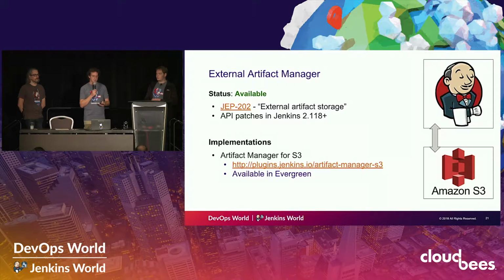So we've released a particular implementation for Amazon S3. This has now also been integrated into the Evergreen project so that if you're running in the AWS environment, it comes pre-configured with the S3 support out of the box. So that means that if you just run Evergreen in AWS, you can go and copy-paste an example pipeline using artifacts from our documentation site, and it should just work.